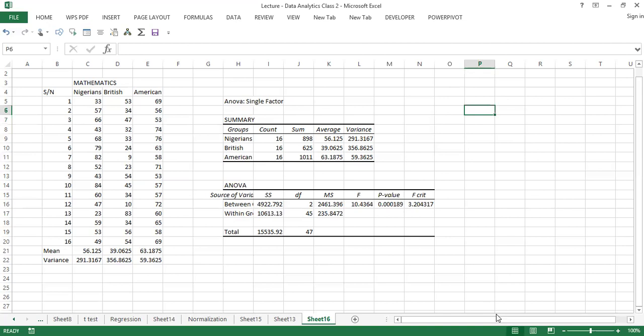It's 0.05, yeah? What's the null hypothesis? Is it not 0.05? No, the null hypothesis. That is the p-value. That's the level of significance, yeah. Okay.